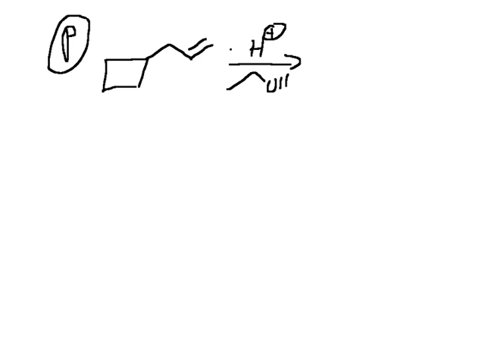Okay, let's do P. We've got a cyclobutane. We have it react with H+, and our solvent here is ethanol. First thing we do is number these carbons: 1, 2, 3, 4, 5, 6, and 7.